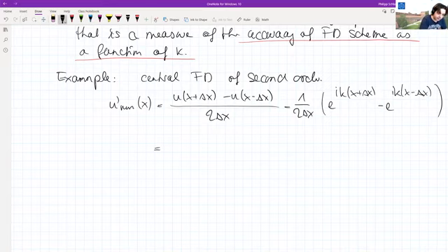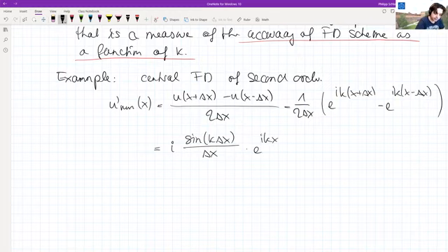So what we get, and this is still analytically correct, is i times sine of k delta x divided by delta x times e to the i k x.